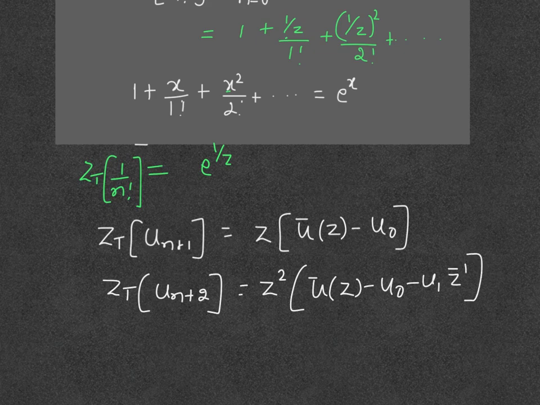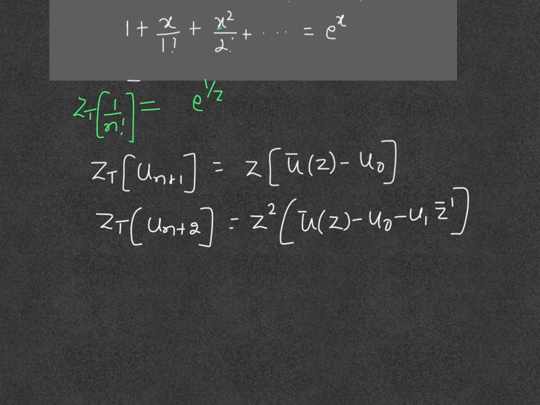Now to find the result using this, let us consider u(n plus 1) is equal to 1 by (n plus 1) factorial.